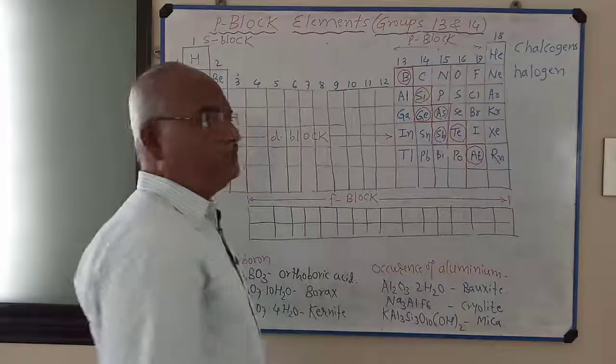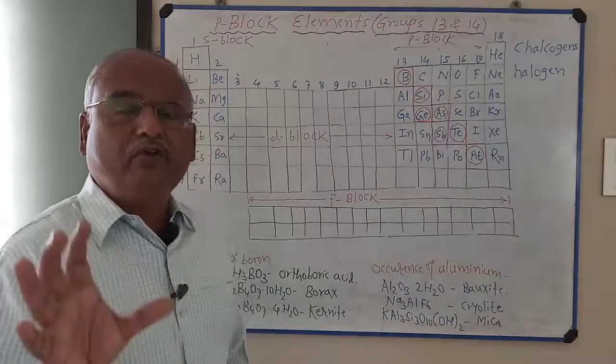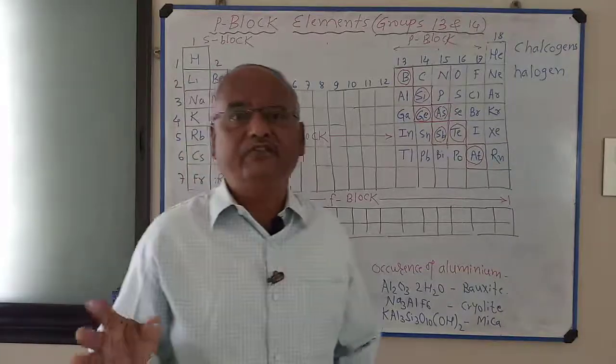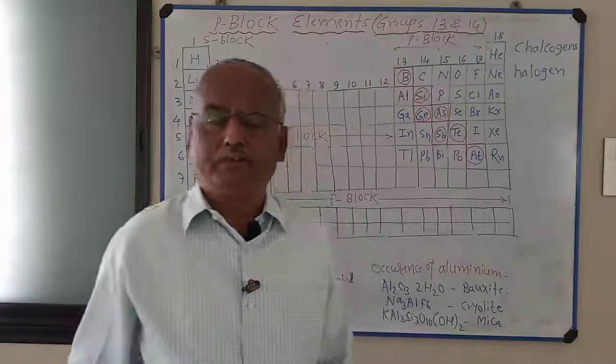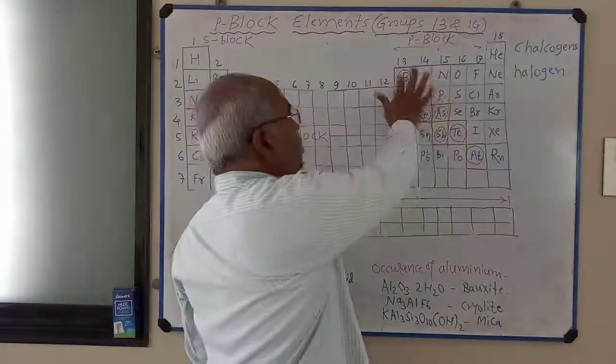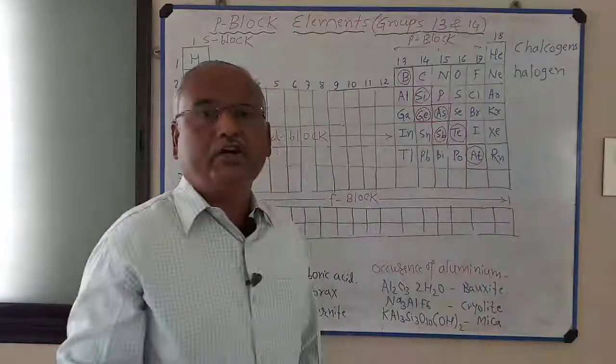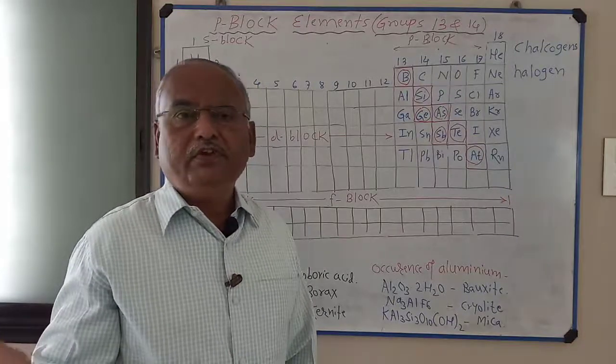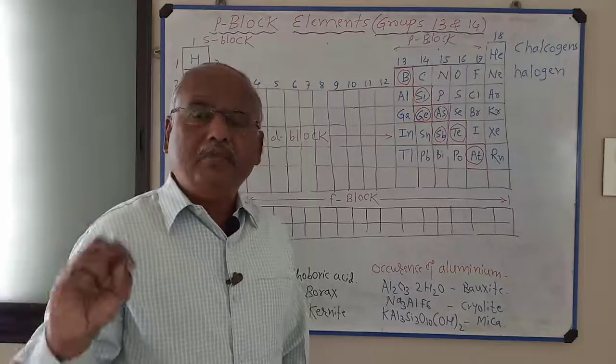After explaining this, I am going to explain occurrence, how these elements occur in nature. Remember, boron does not occur in nature in free state. It occurs in combined state.